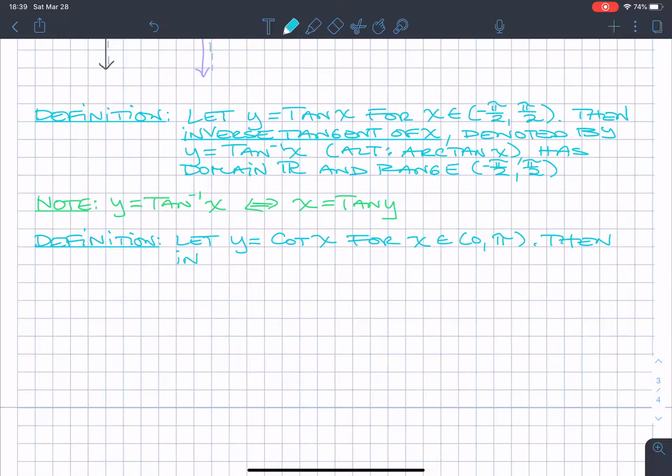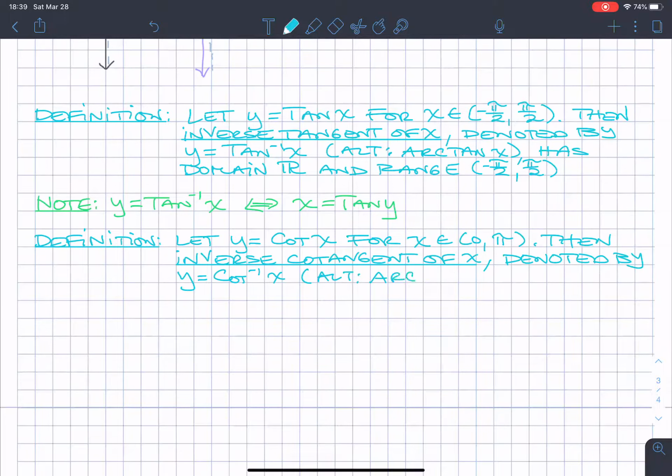inverse cotangent of x, that's what we're defining. Inverse cotangent of x denoted by y is equal to cotangent inverse of x, alternately arc cotangent of x, has domain.